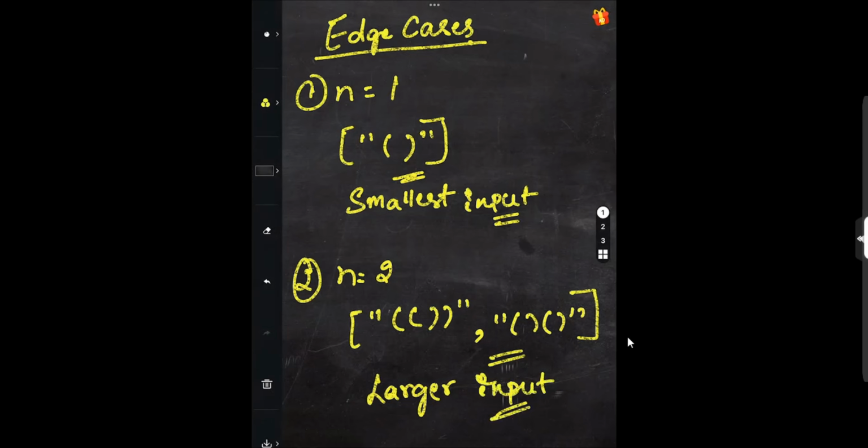And let's move on with the third edge case. I'll consider input n equals 3. So for n equals 3, we must include all the combinations, right? The same thing as in the example that we are considering here.